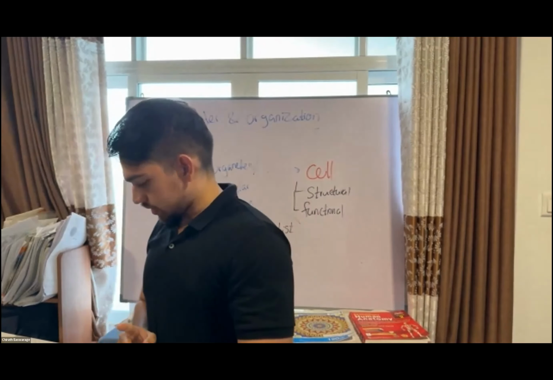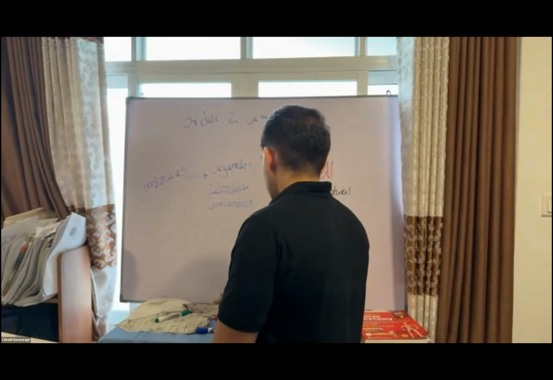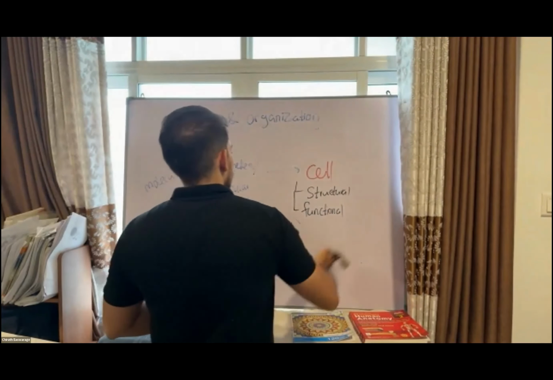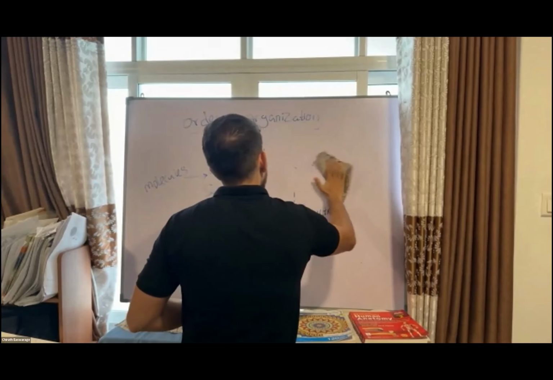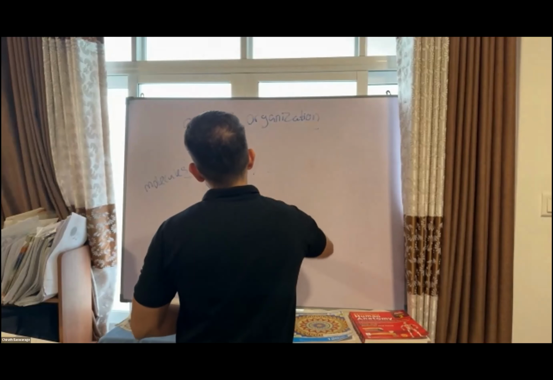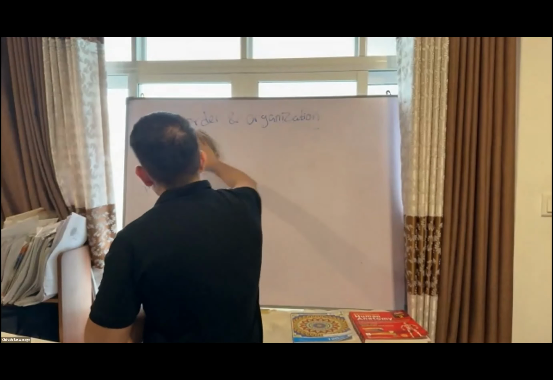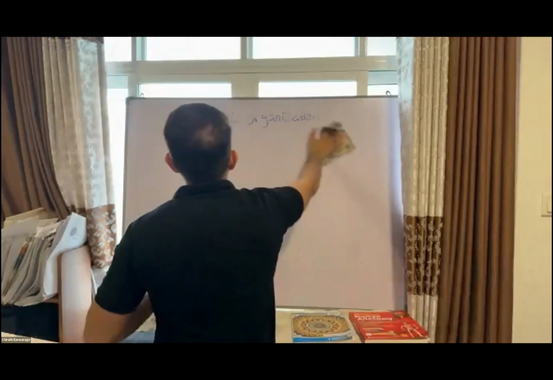So there's a chart on page 25 where we are comparing prokaryote and eukaryote cells, right? What I am going to do is skip it for now. We are going to come back to it, and if I forget, please remind.